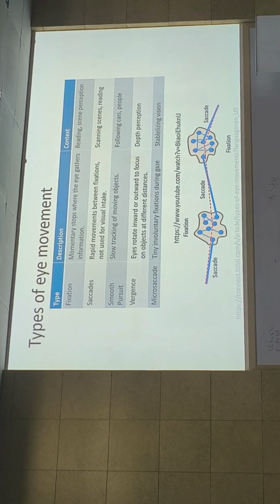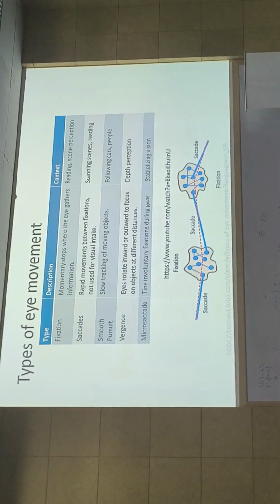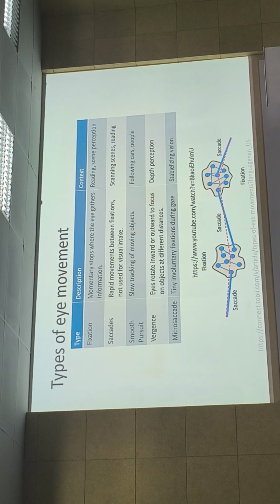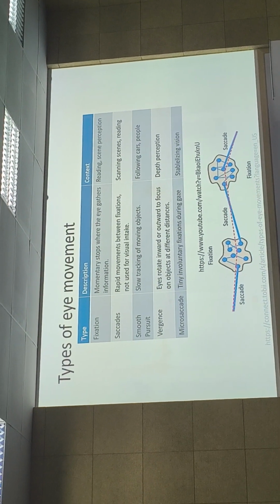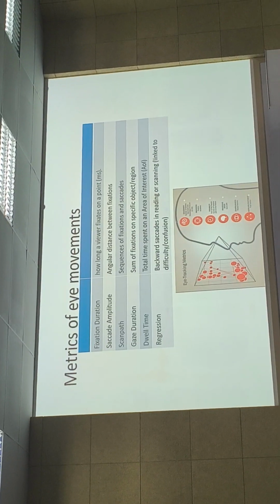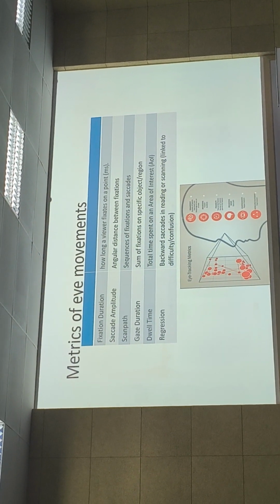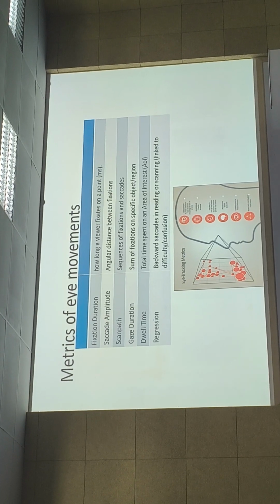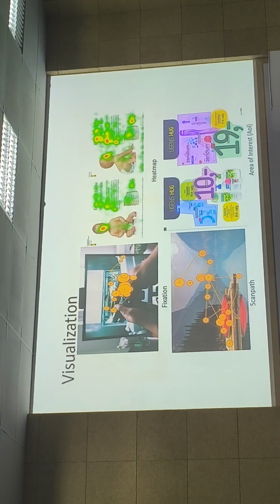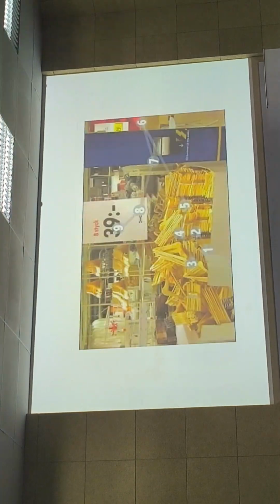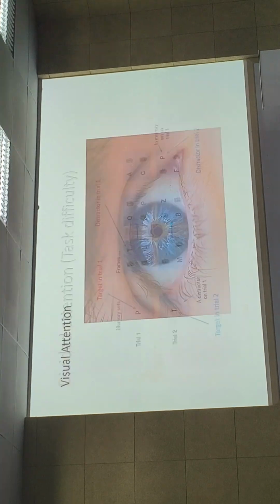So make sure that you know the different types of eye movements: fixation, saccades, smooth pursuit, vergence. These are just some examples. There are some differences between these metrics, and some of these metrics you have used in your analysis. So make sure you know what they are and why they are different.